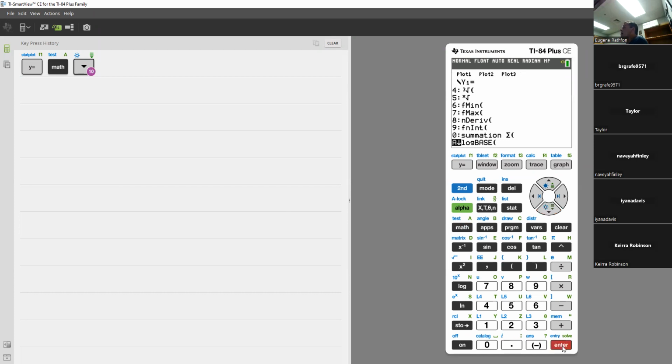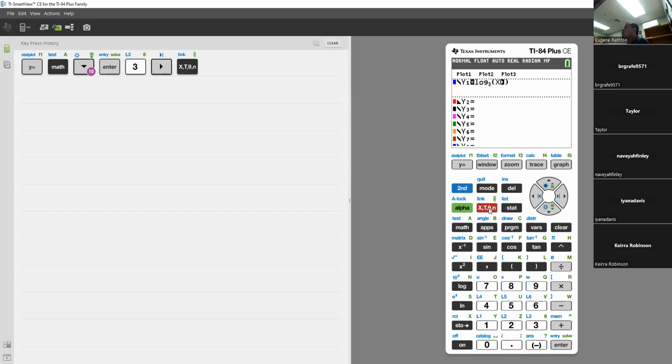So you hit enter, and mine had a base 3, so I would put a 3 where it's blinking, then arrow right and put my x. Then I would just hit graph.